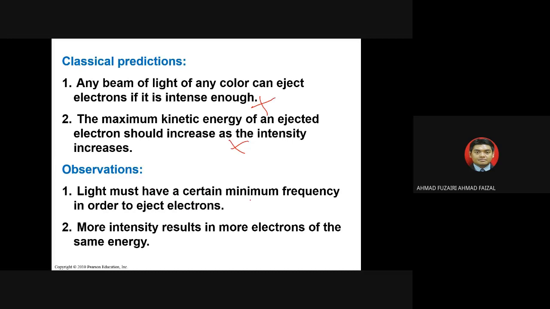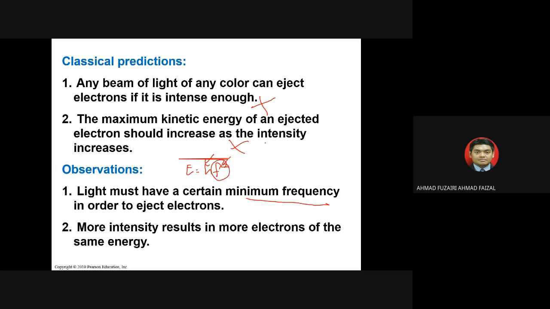Light must have a certain minimum frequency, because energy is made from hf, where h is the Planck constant. The value is constant, and the energy of light depends on the frequency. It cannot be any color. Any color means any frequency, so this is not correct.